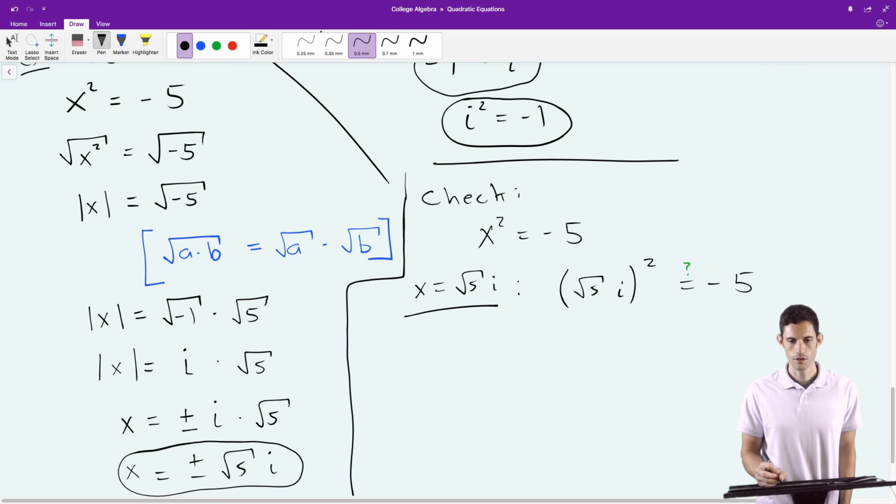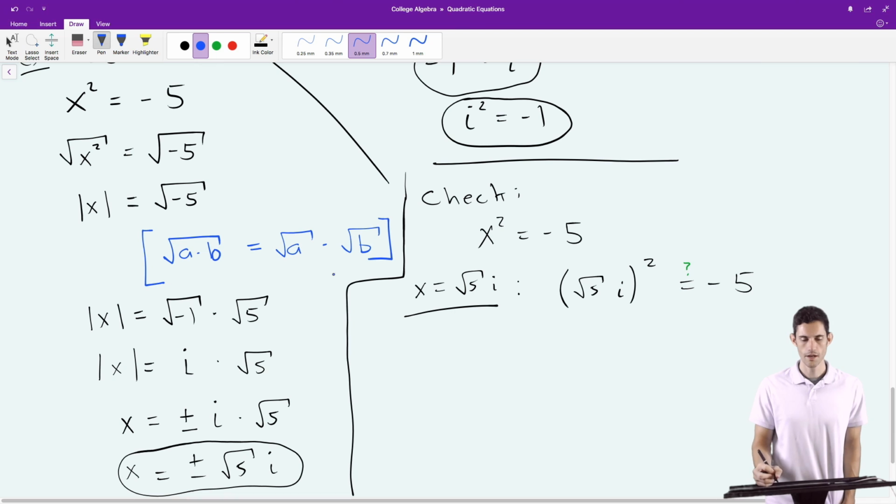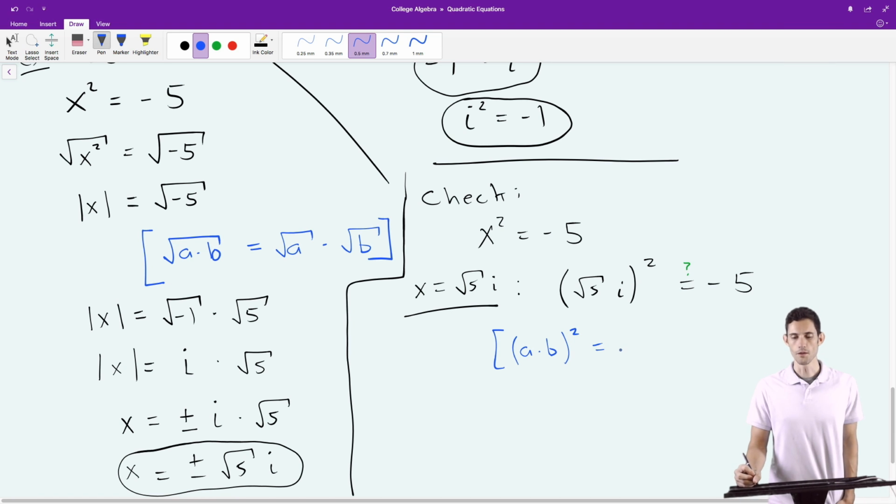So here's a little theory, and this is actually the exact same theory that I wrote over here, but if I have a number a times b and they're being multiplied together and raised to some power like 2, then that's the same thing as raising a to that power and raising b to that power.